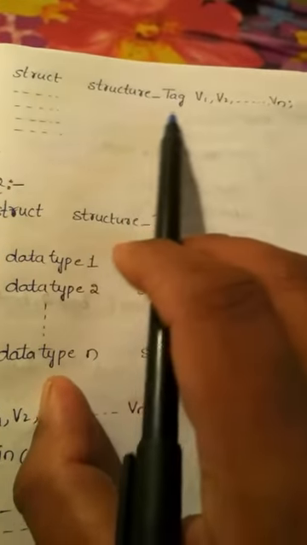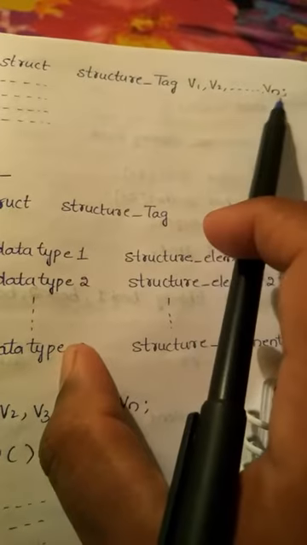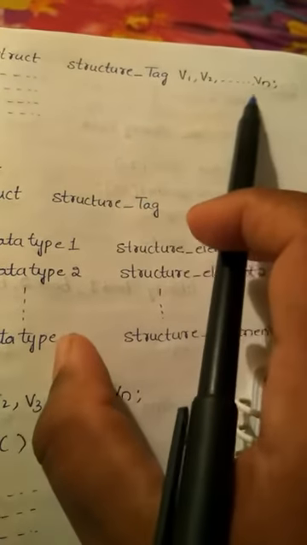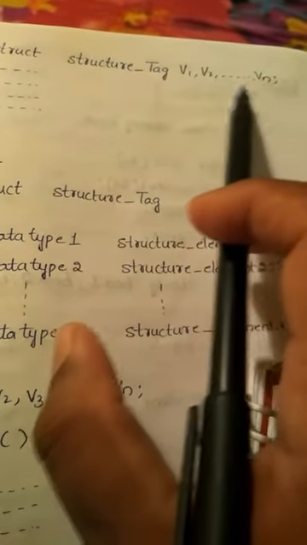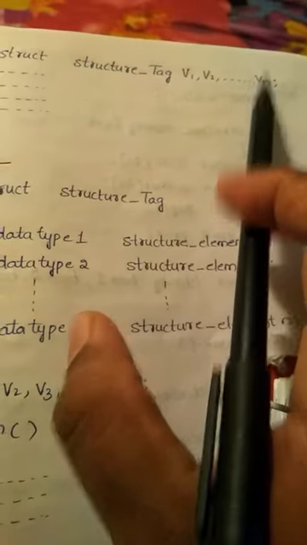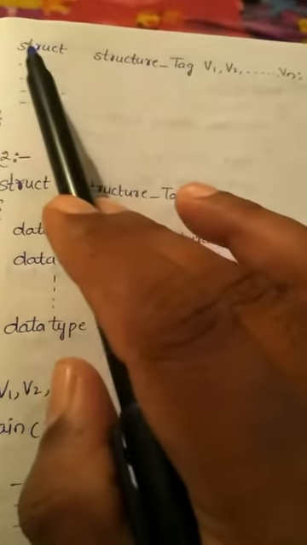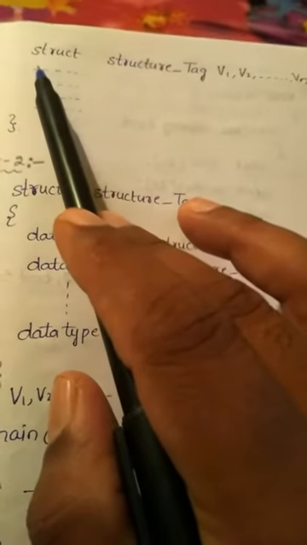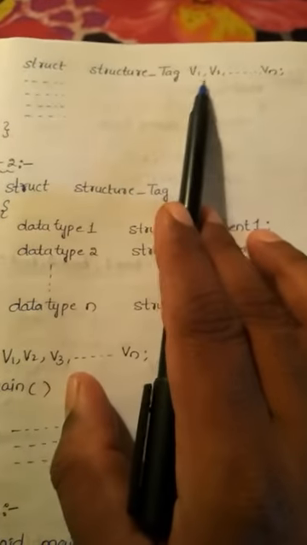Within the main we declare the structure variables v1, v2 up to vn. We declare them as struct, structure tag, v1, v2 up to vn.